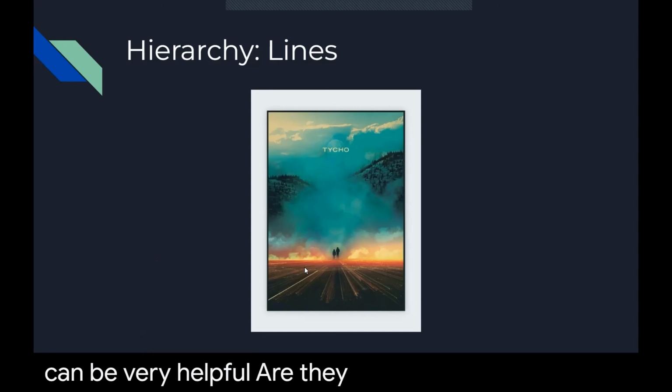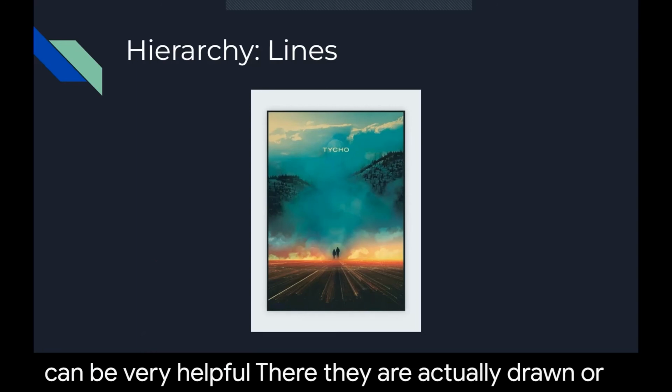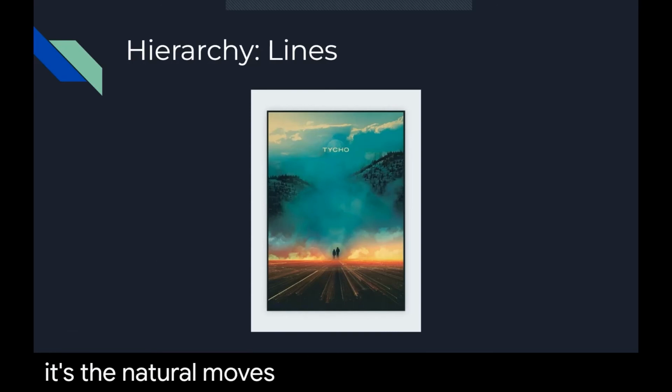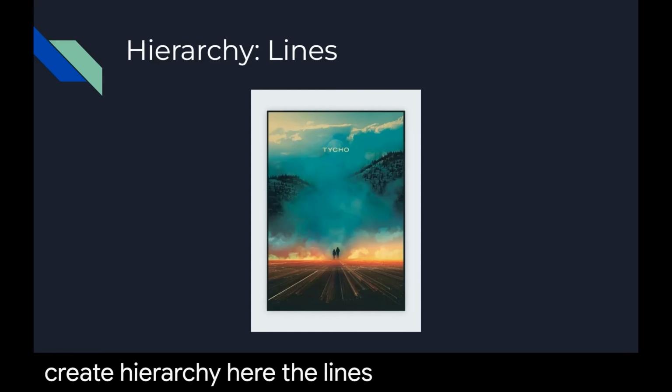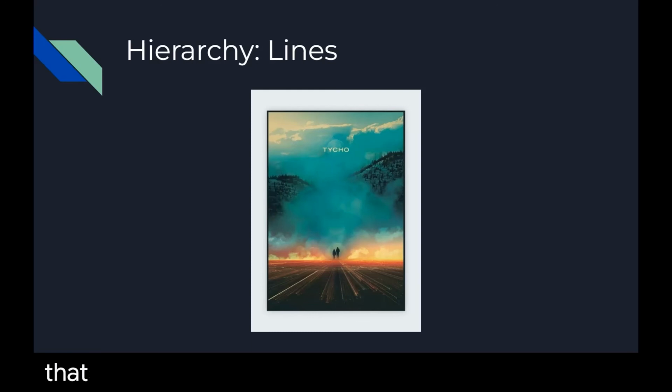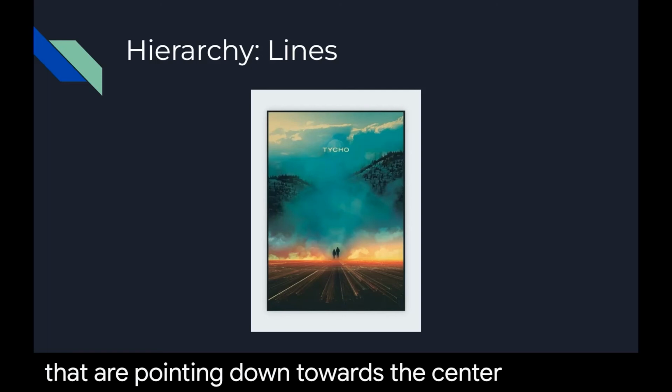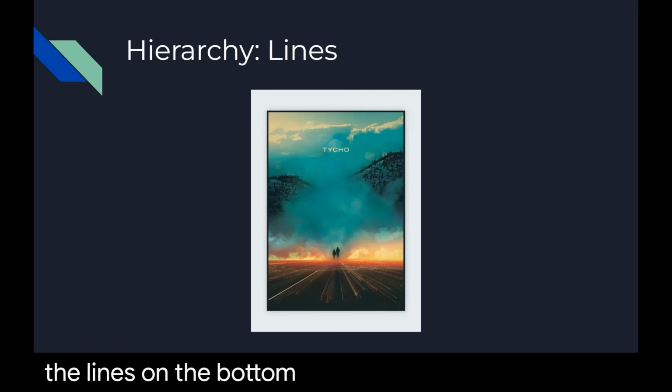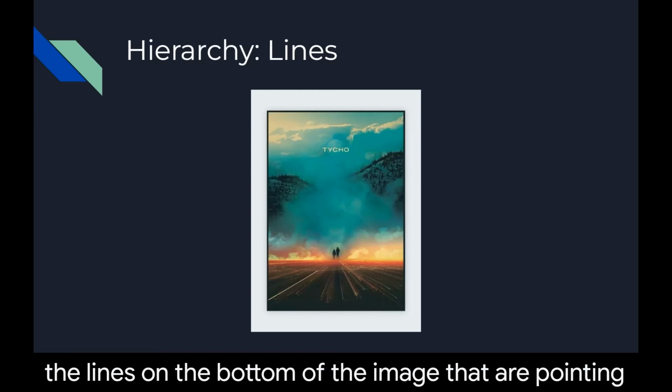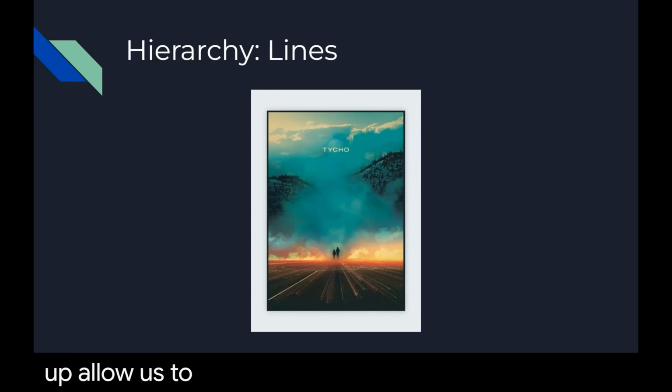Lines, whether they are actually drawn or it's the natural movement of the visual, also help create hierarchy. Here, the lines of the mountain that are pointing down towards the center, as well as the lines on the bottom of the image that are pointing up, allow us to focus in on the two individuals right here in the center.